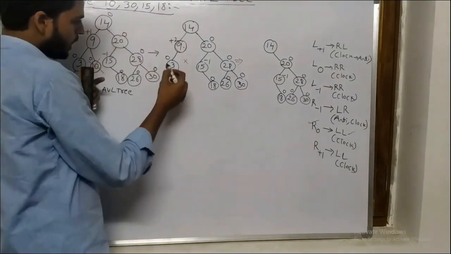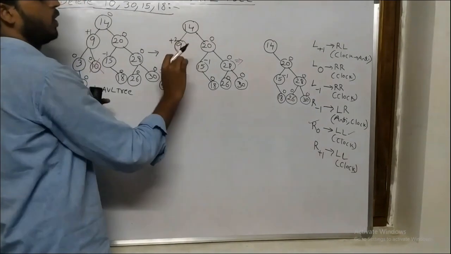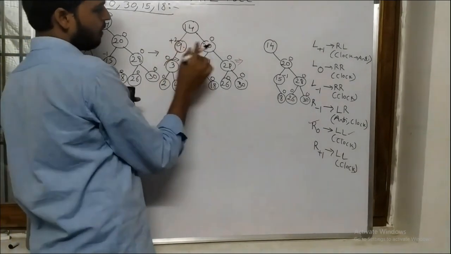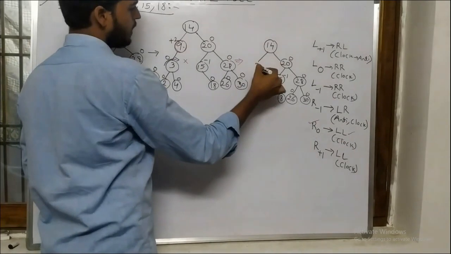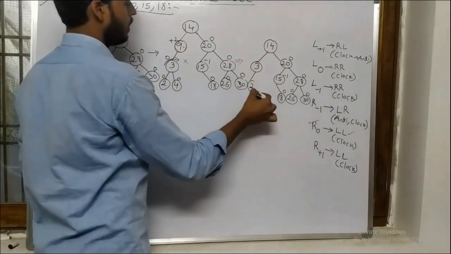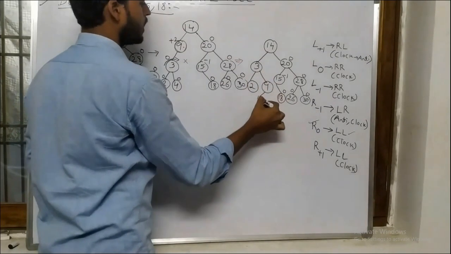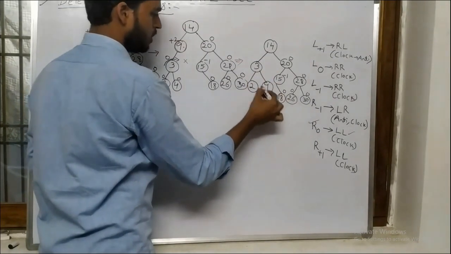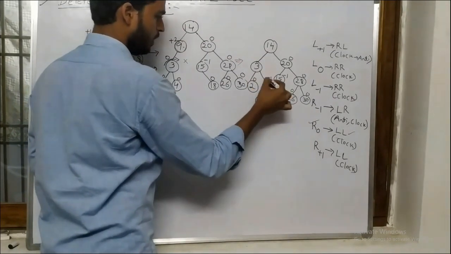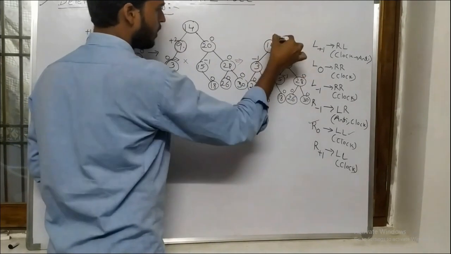If you make the rotation, you already know on which node you need to rotate clockwise. L means clockwise. If I make it clockwise, I will get my 3 here, 2 will come here, and 9 will come here. 9's left side is 4. The balance factors are 0, 0, plus 1, 1 minus 2, minus 1, 1, 2, 3, 1, 2, 3, balance factor is 0.